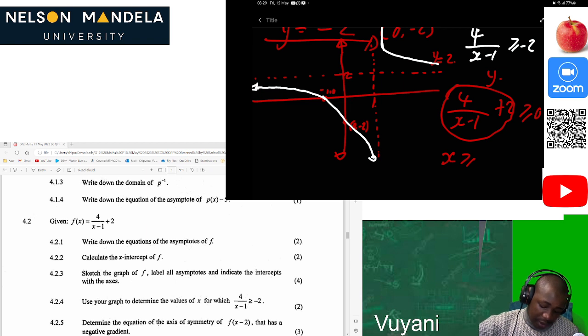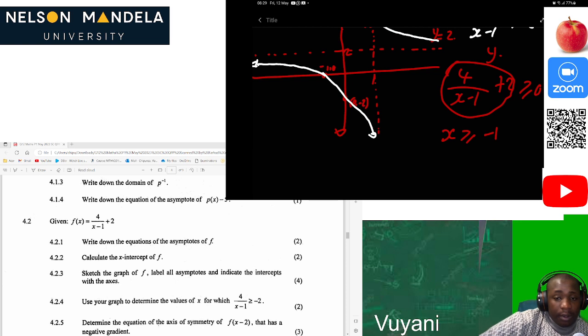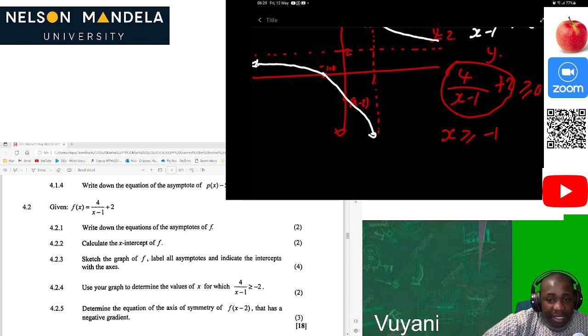Yes, so it should be x greater or equal to negative 1. So that it can make sense. Now we can proceed.